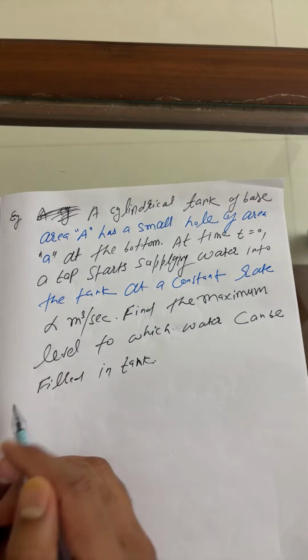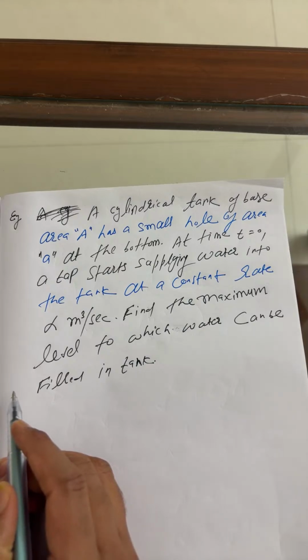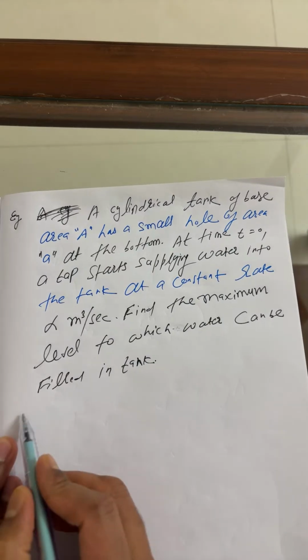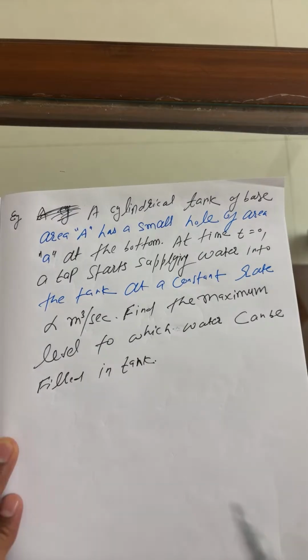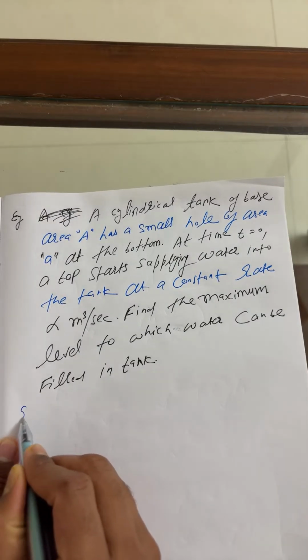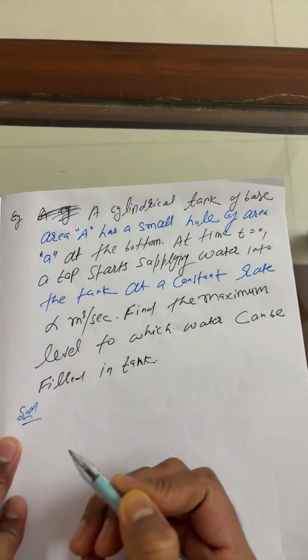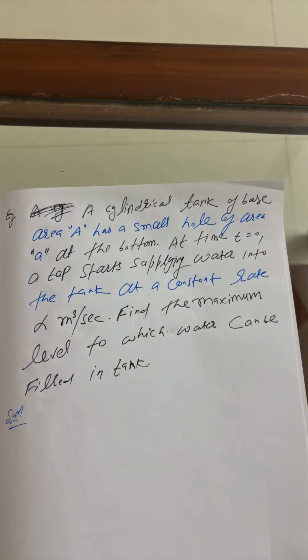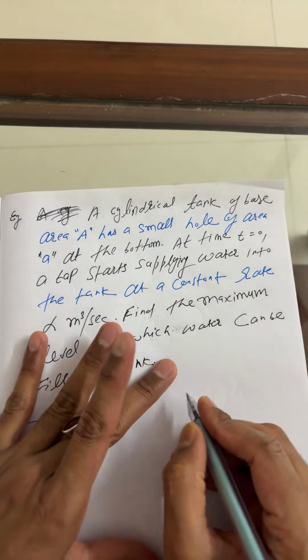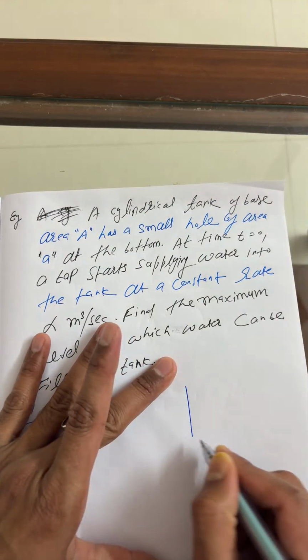The question, students. Have a look, beta. What does this question say? A cylindrical tank of base area A has a small hole of area small a at the bottom.